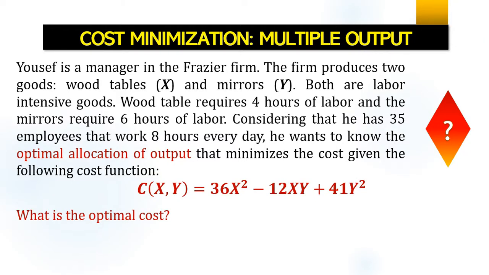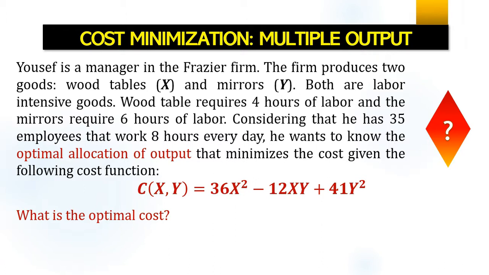Let's illustrate how we solve a cost minimization problem with multiple outputs by solving the following example. Yusef is a manager in the Fraser firm. The firm produces two goods, wood tables and mirrors. Both are labor-intensive goods. A wood table requires 4 hours of labor, and the mirrors require 6 hours of labor.